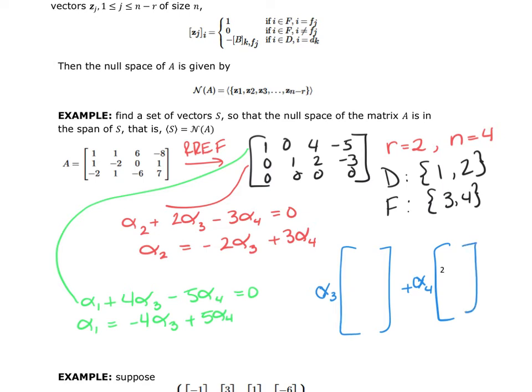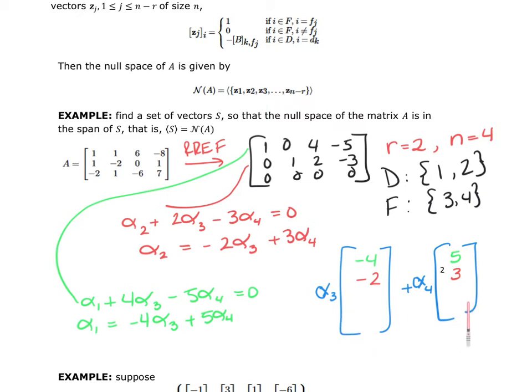My entry in the first position of both vectors are going to be the coefficients on alpha 3 and alpha 4, so I have negative 4 and 5. The second position in both of my vectors are going to be the coefficients on alpha 3 and alpha 4. So that is negative 2 and 3.